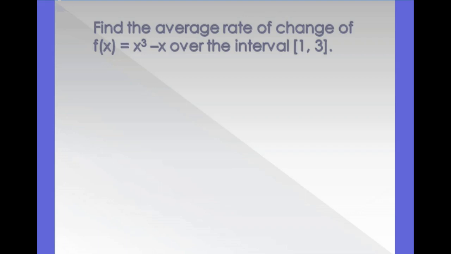So if it says find the average rate of change of a function x cubed minus x over the interval 1 to 3, well, the 1 to 3 is like your change in time, so it's going to be the denominator.